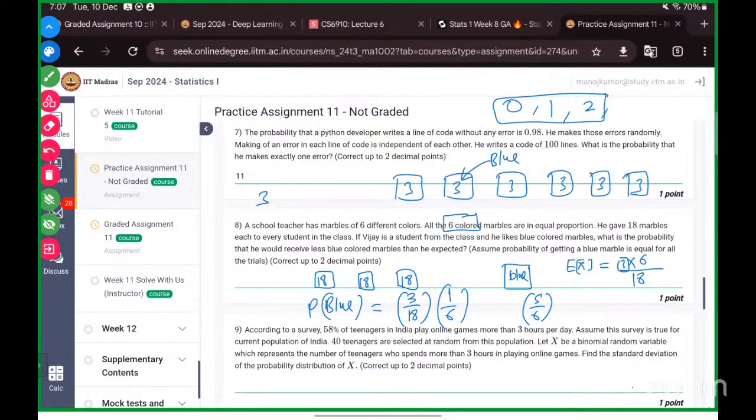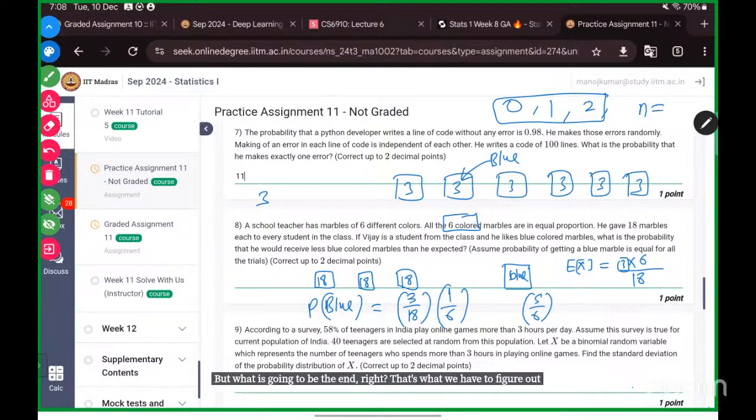So this thing we have to find out. X equals 0, 1, or 2. But what is going to be the n? That's what we have to figure out. We are going to do 18 times.